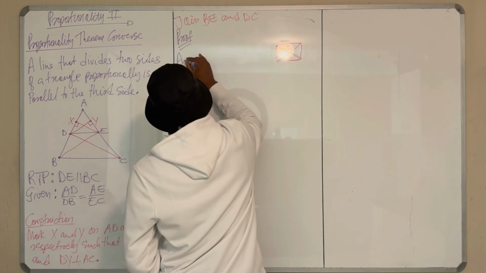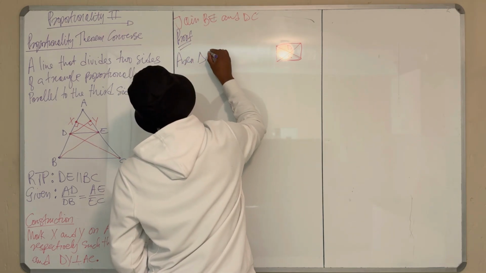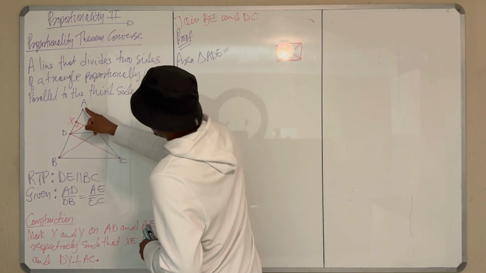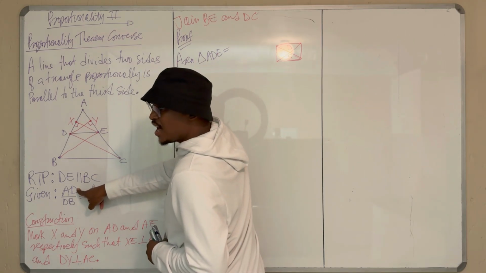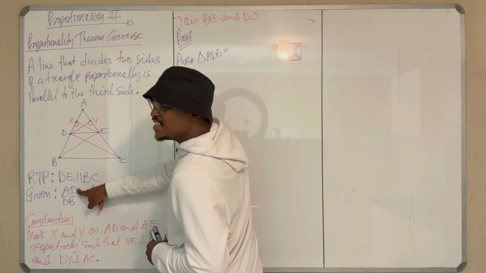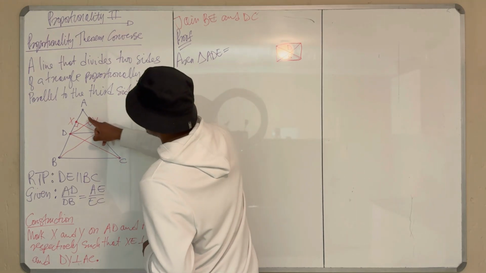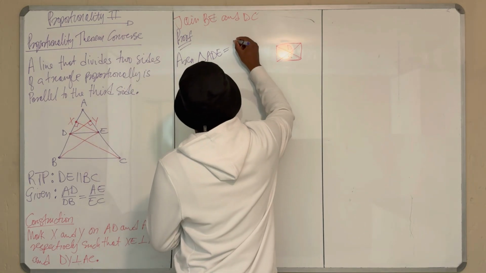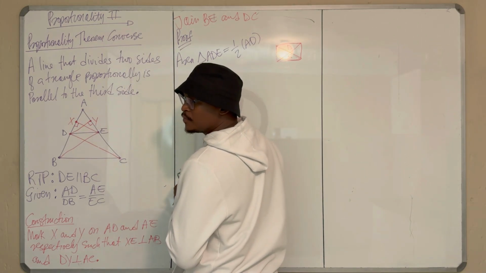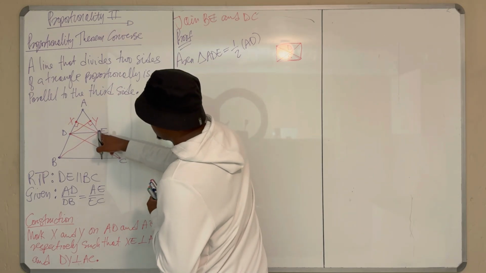Area of triangle ADE equals half base times perpendicular height. Since we have AD, we want AD to be our base. So half base, which is AD, times perpendicular height. What is our perpendicular height? It's XE.